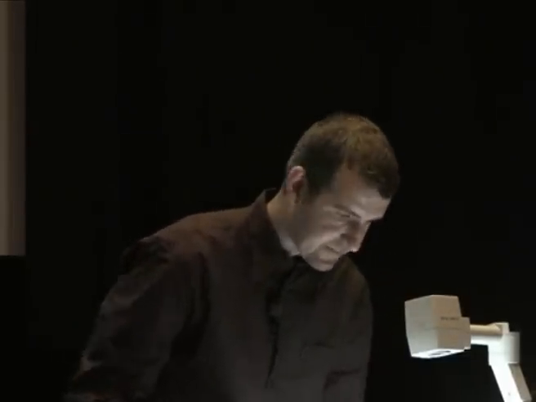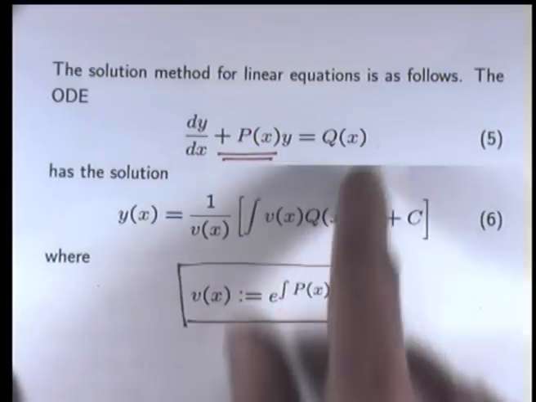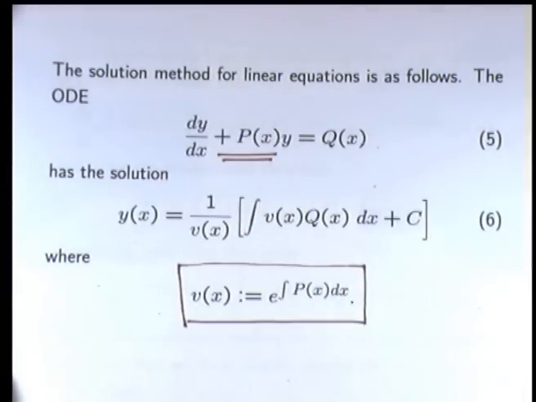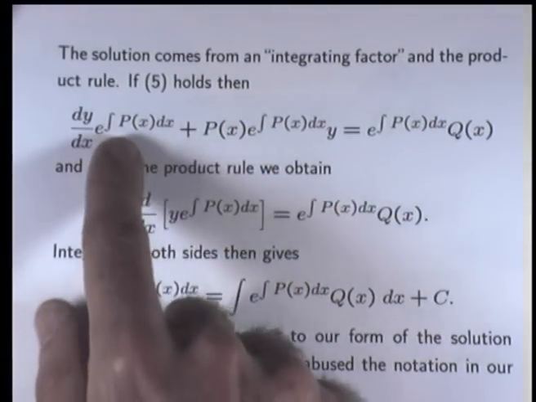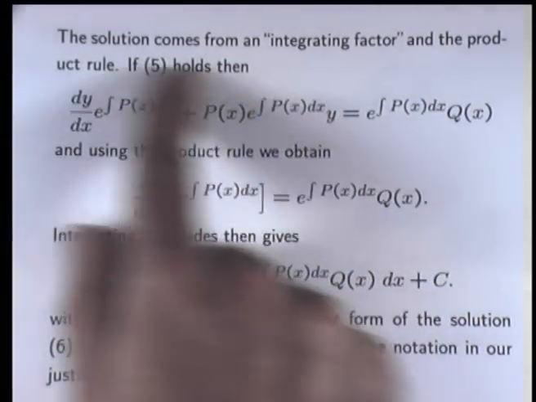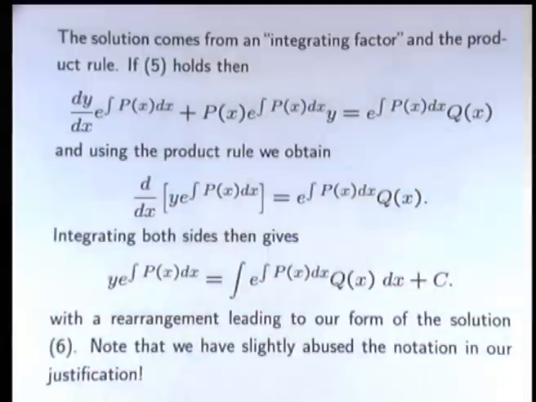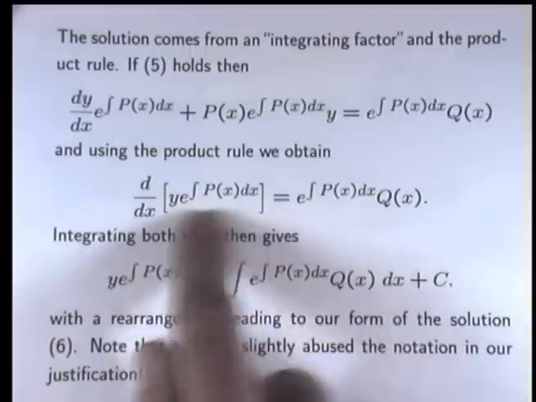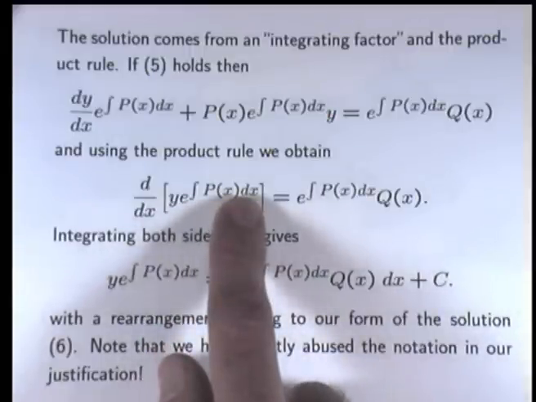Okay, so say I'm given this particular general linear differential equation. I multiply both sides by this integrating factor. And then I realise that this is just the derivative of a product involving the unknown function y and the integrating factor.